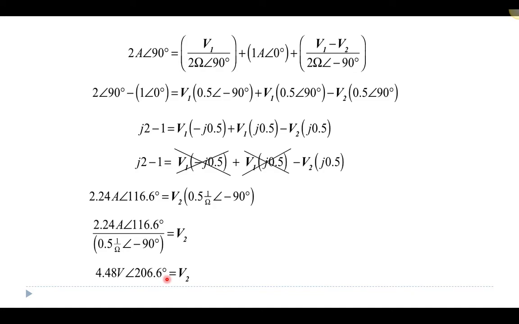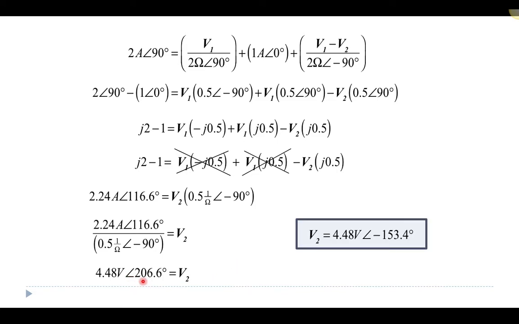Now, this actually would be okay to use, but typically we want to use our angles between positive 180 and negative 180, so it's usually a good idea to convert this. If I convert 206.6 degrees, it's actually the same thing as negative 153.4.